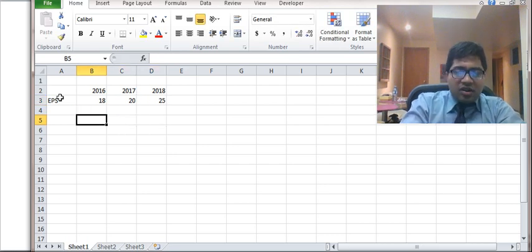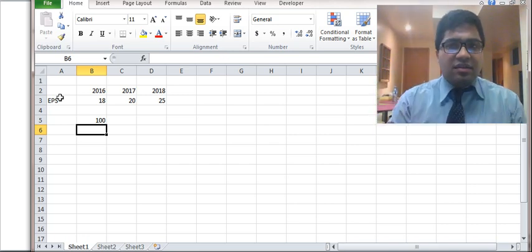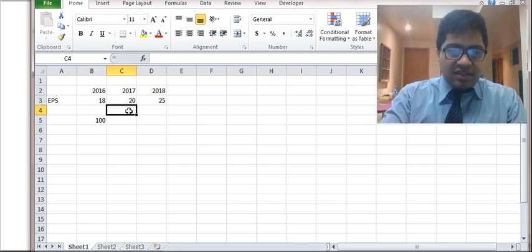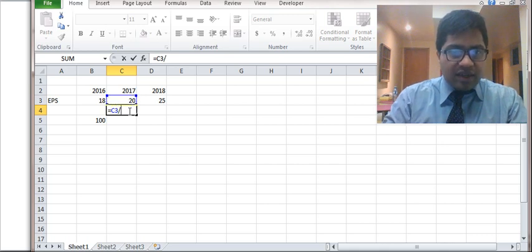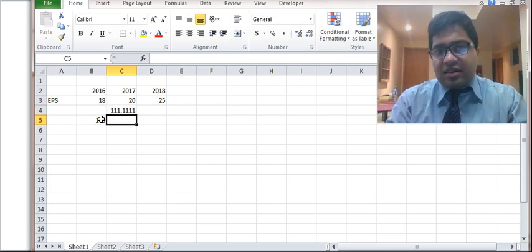So how do you plot a trend of this? The first step is to assume 100 for the first year's data. So the 2016 EPS of 18, assume it to be 100. Then represent everything in terms of 100. So next year's data will be 20 divided by 18 multiplied by the base assumption, that is 100.